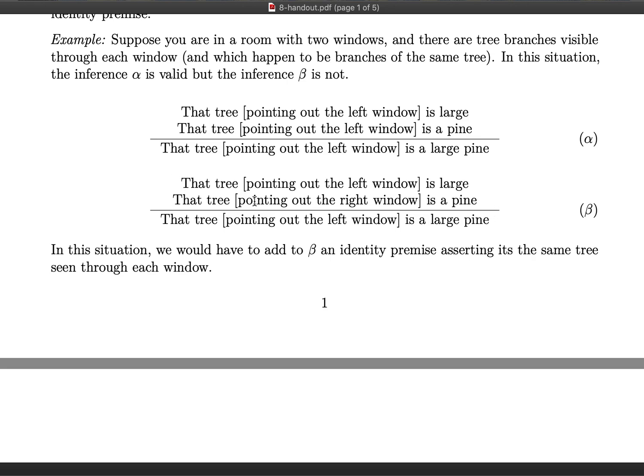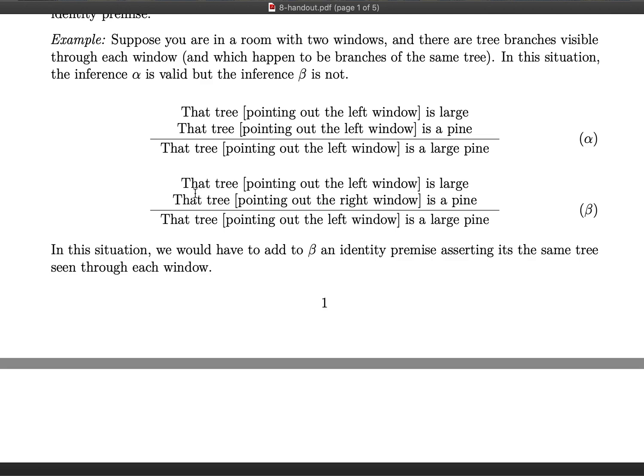But in the other case, the demonstrative in the second sentence is using a different perceived location as the location parameter, because you're pointing at a different place, you're pointing at the right window. Okay? And because of that, these two demonstratives do not share a sense, according to Campbell's view.